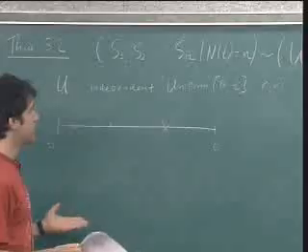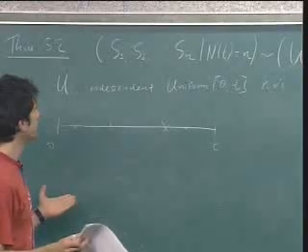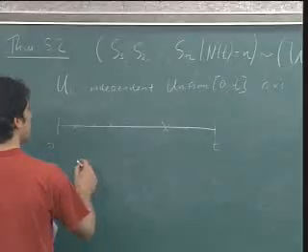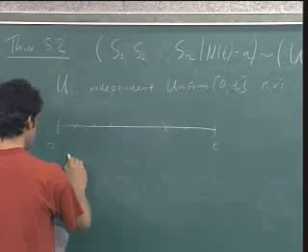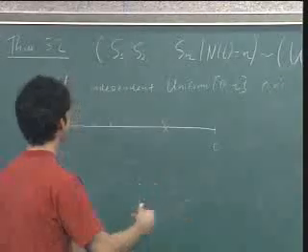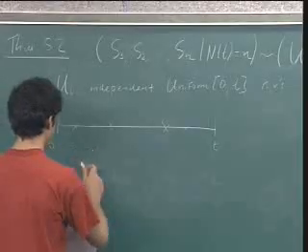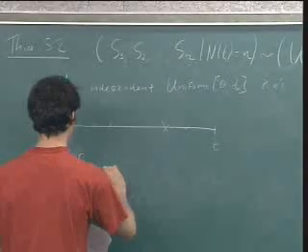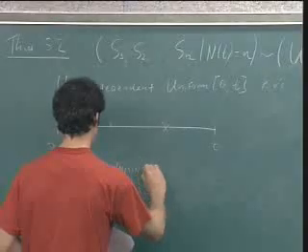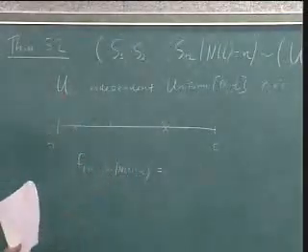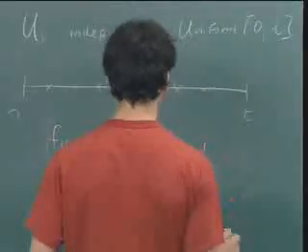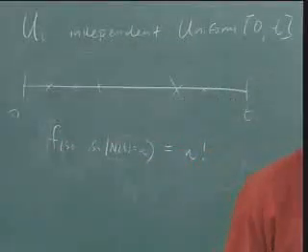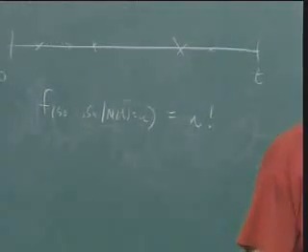So in other words, the density of a specific configuration of these arrival times would just be equal to n factorial over t to the n.